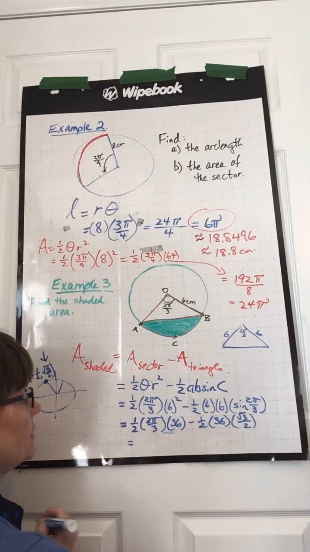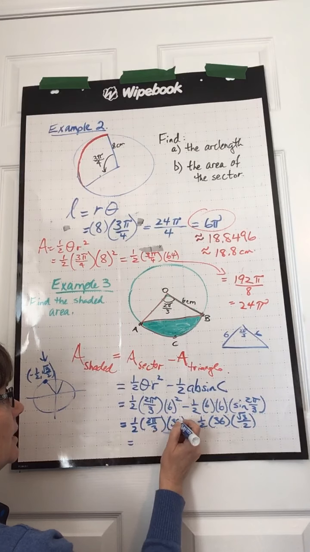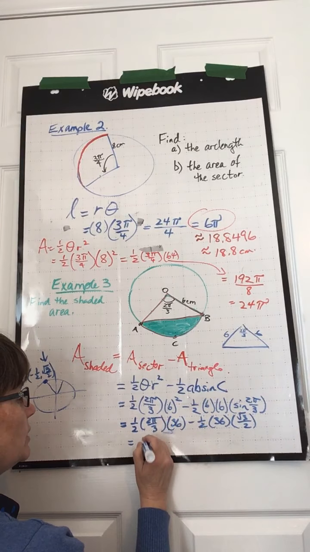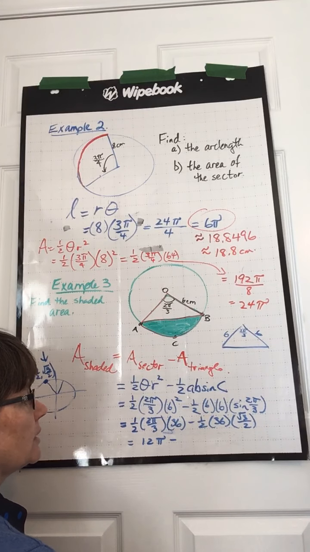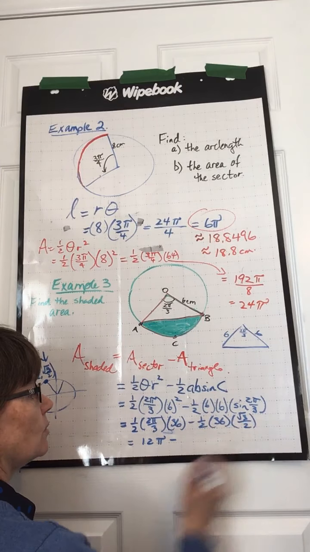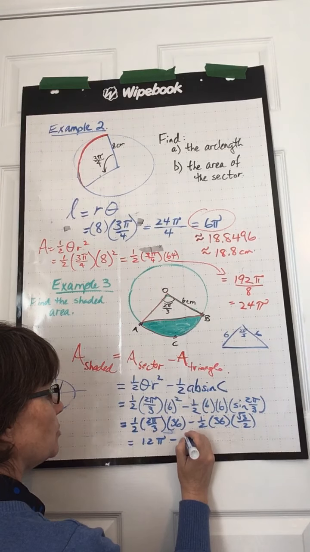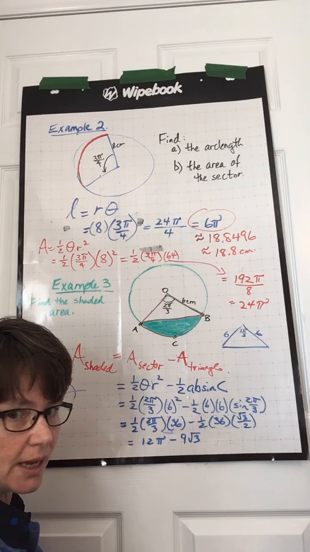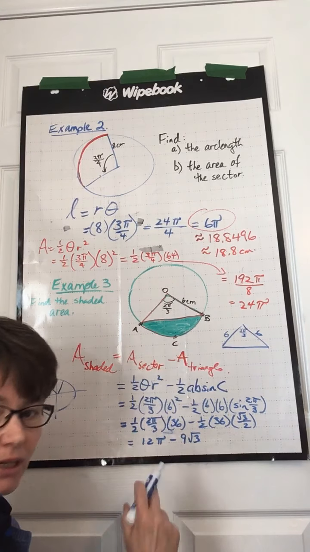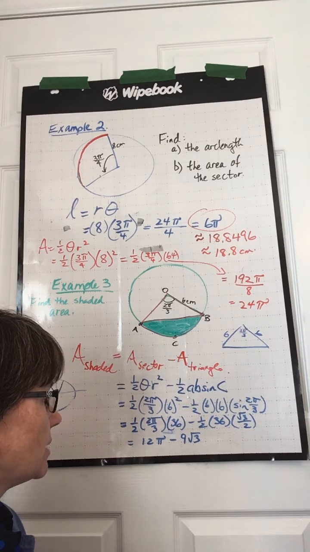All right, so that's 12 pi when you do that out. And this will be 9 root 3 when you do that out and simplify it. If you need some help with those, you can see me at tutorial.